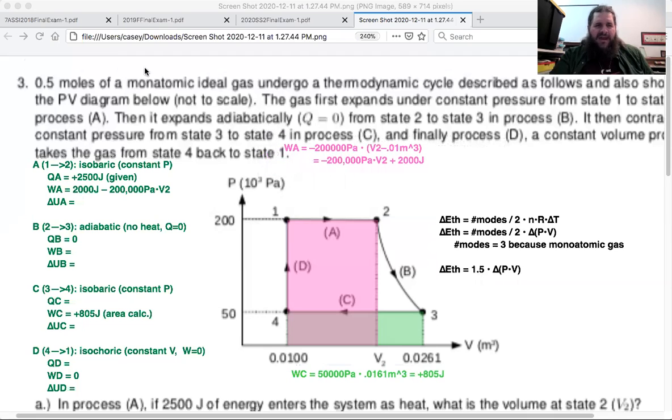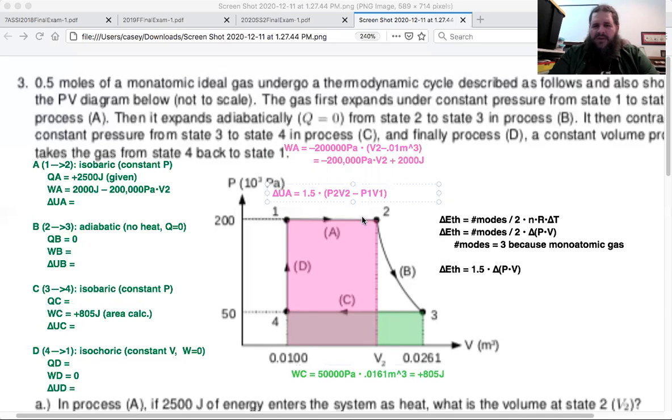For process A, we can say delta U equals 1.5 times P final V final minus P initial V initial. So let's say P2 V2 minus P1 V1.